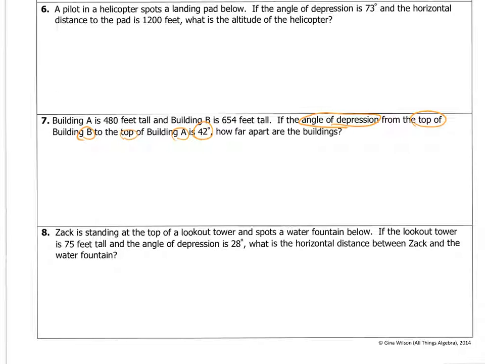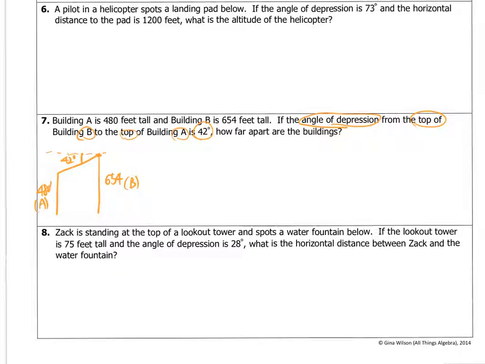So I have one building, this is A, at 480 feet tall. I have the next building at 654 feet tall, right? And then I have the angle of depression from B to A. So this is B, this is A. This angle of depression, I'm talking about this angle, is 42 degrees.